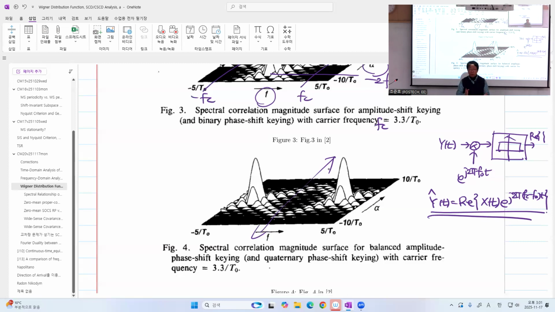It could be, so be careful. Got it? Because usually carrier frequency is very, very high, and we don't know the exact center frequency before we process that real valued bandpass process.